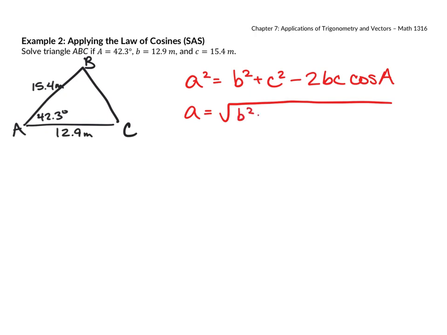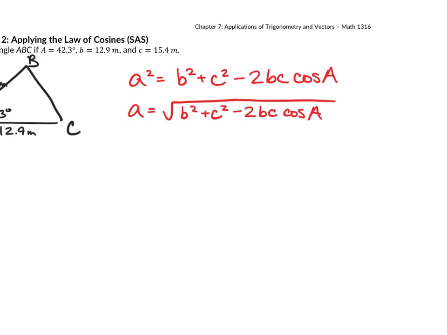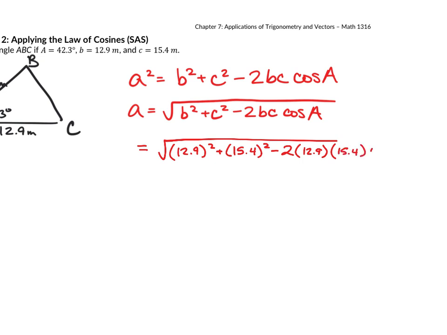I highly recommend deriving the formula first before you start plugging stuff in because things get lost if you're using numbers and deriving at the same time. But we can throw all of this information in here. If I'm looking for a, I will do in my calculator b squared, which is 12.9 squared, plus c squared, which is 15.4 squared, minus 2 times 12.9 times 15.4, all times the cosine of that angle we were given, which is 42.3 degrees.